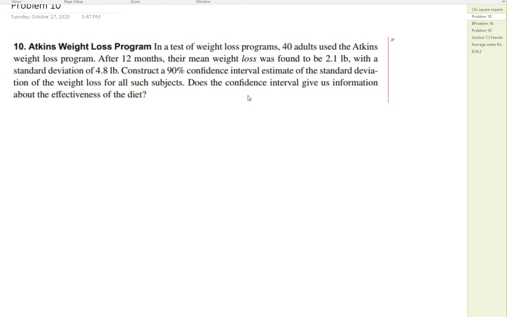Well, let's write down a few relevant facts here and get rolling. This is problem number 10, or I'll call it example 10, just to keep pace with our handout. And even though we're not going to use it, I'm going to write down a couple of these things. Like x̄ was 2.1. n was 40. s was 4.8 pounds. And we want a 90% confidence interval.